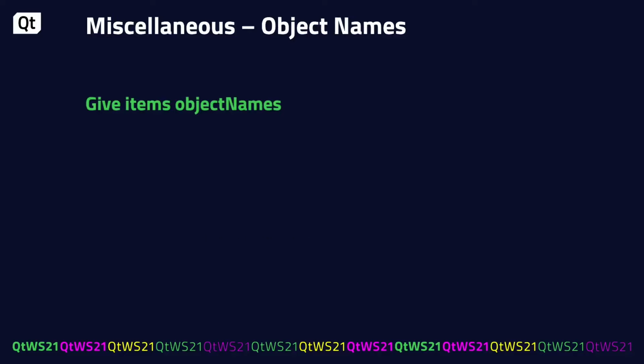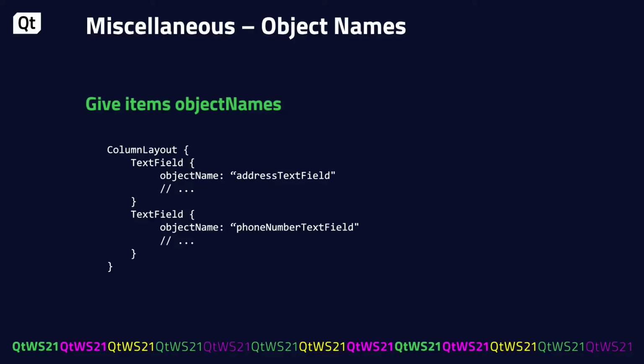Another tip is to give items object names. Here you can see we have two text fields, both assigned object names. You can imagine that if this application were to crash and you were looking at a stack trace, and the only information you had available was the type of the object, then it could be quite difficult to determine which object caused the crash.